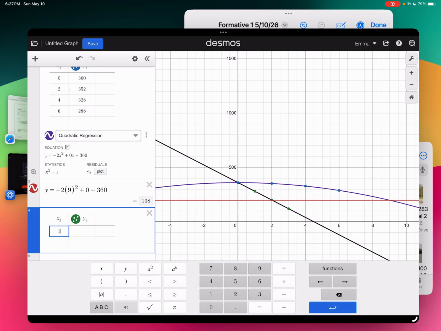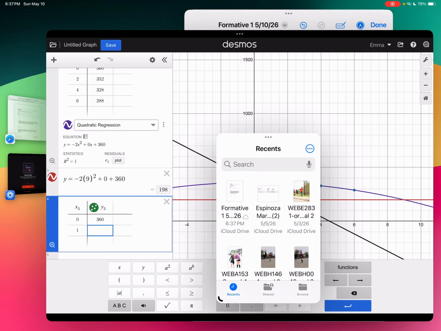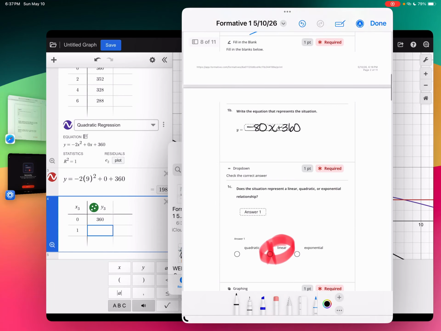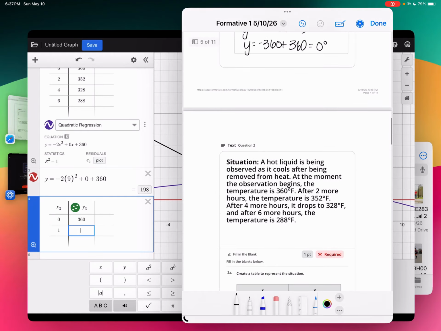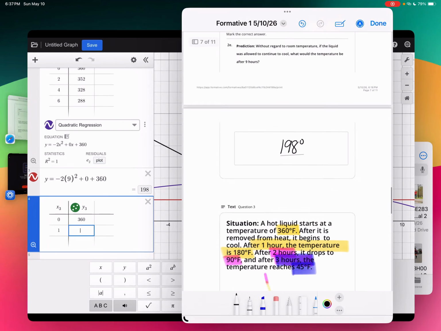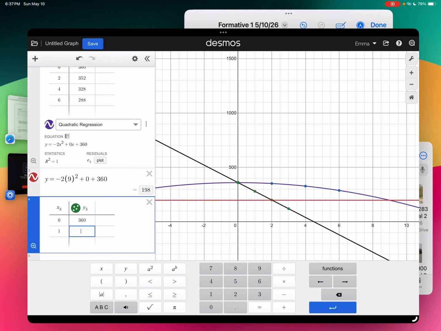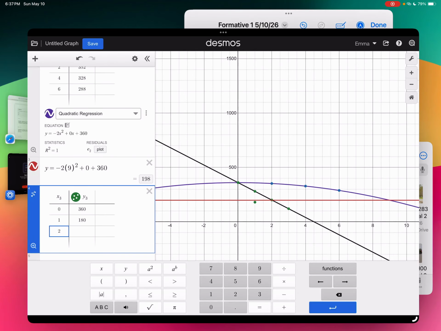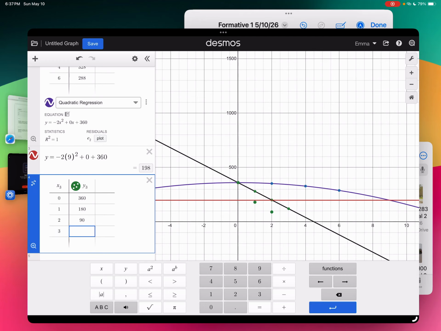So starting at 0 hours, starting is 360. After 1 hour, one hour is 180. 2 hours is 90. 3 hours is 45.